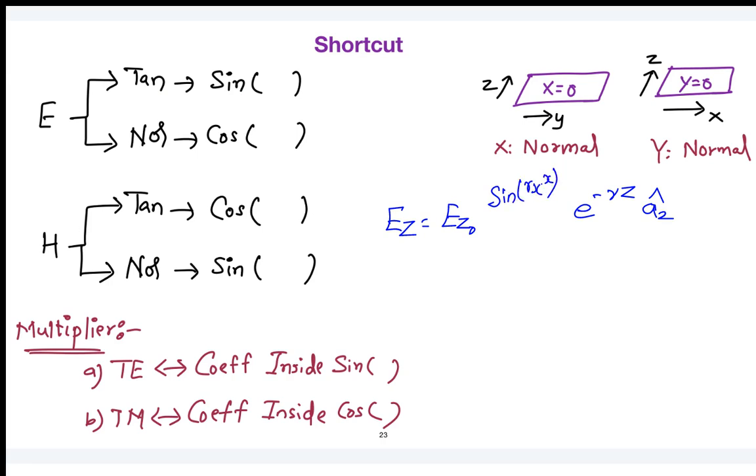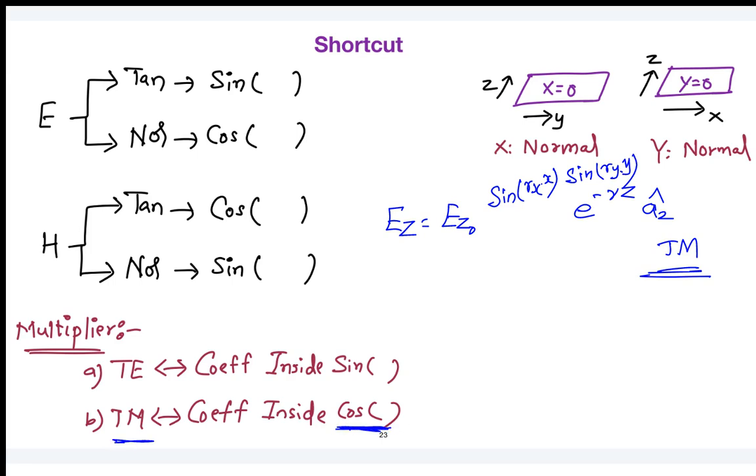What is the second variation? With respect to this plate, your z direction will be again tangential. Again, it is electric field and it is tangential, so you are going to get sine component. That will be sine gamma y into y. And since it is for the transverse magnetic wave, the coefficient you should take is whichever is there inside cosine.